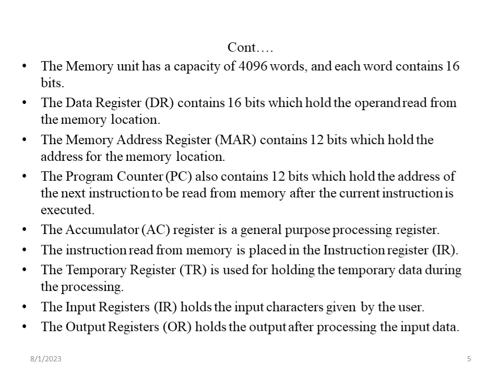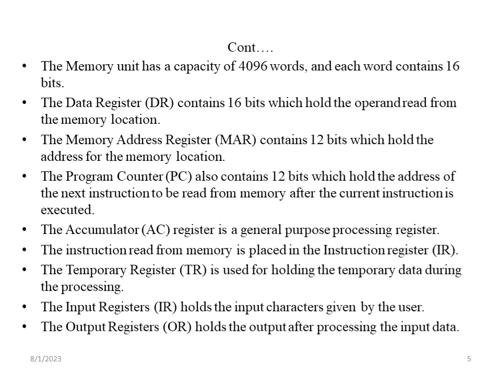So next, the memory unit has a capacity of 4096 words and each word contains 16 bits. The data register contains 16 bits and holds the operand read from the memory location. The memory location might be main memory or random access memory.